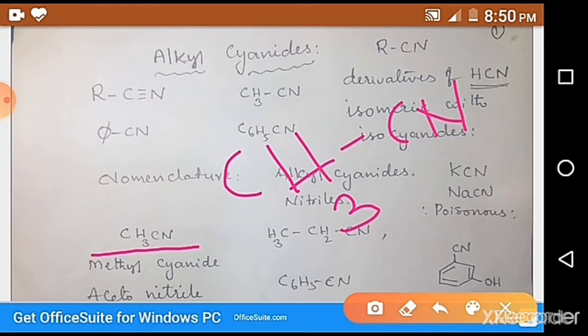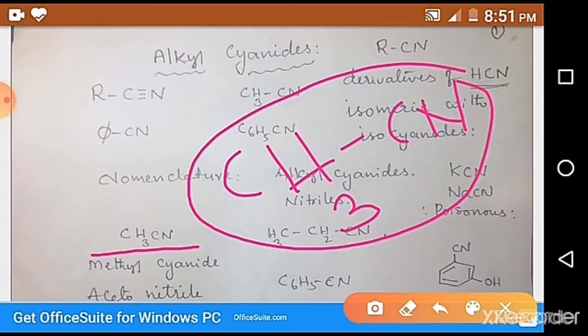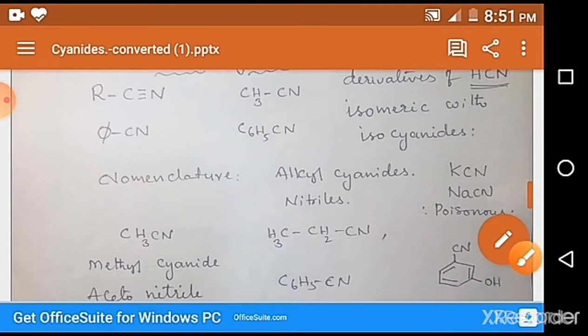That's why it is cyanomethane. In IUPAC nomenclature, this is also called acetonitrile. Why? Because on acid hydrolysis, this will give acetic acid. That's why we give the names as derivatives of acid. That's why this is acetonitrile. CH3CN, we call this acetonitrile.